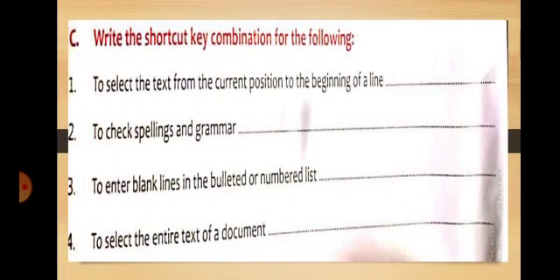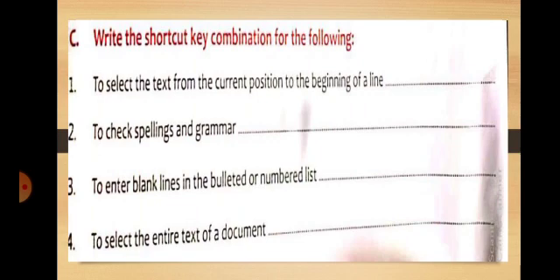Now, C. Write the shortcut key combination for the following. To select the text from the current position to the beginning of a line, you have to press Shift plus Home key. The shortcut key combination is Shift plus Home. Second one, to check spellings and grammars, the shortcut key is F7 key.